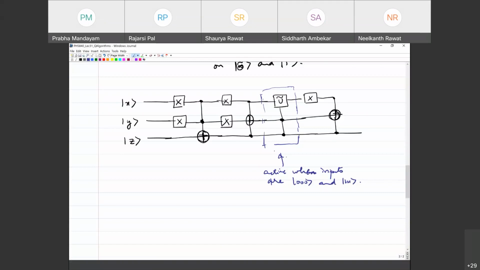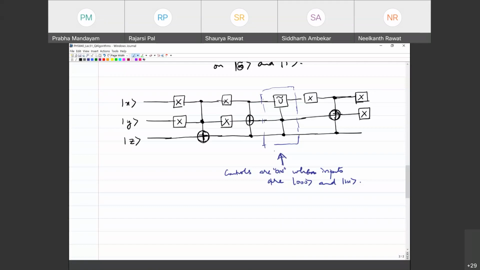In all other cases, this double control should not kick in, right? So the controls should be active, or the controls are on, when the inputs are either 0, 0, 0 or 1, 1, 1. And in all other cases, the controls should be 0. So in all other cases, the controls don't kick in.